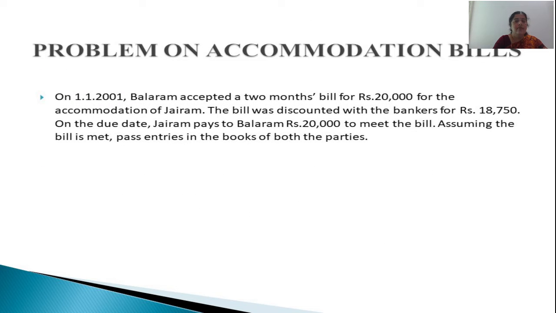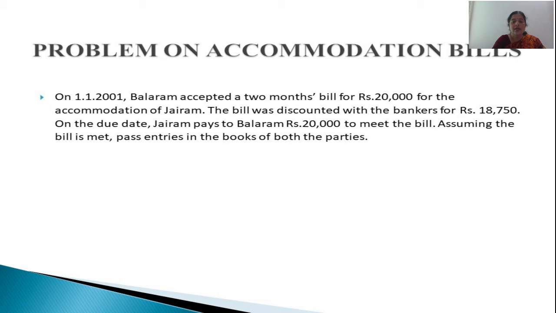Then we'll solve a very simple problem on the same thing, that is accommodation bills. On 1/1/2001, Balram accepted a 2 months bill for rupees 20,000 for the accommodation of Jairam. Balram is accepting, so Balram is the drawee, the acceptor, and Jairam is the drawer.